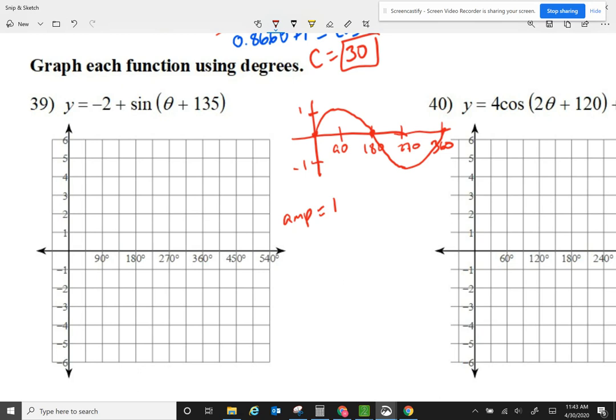And then my period. How long does it take for the whole cycle to repeat? I'm looking for the number in front of theta. The period is 360 divided by that number in front of theta. It's a 1. So it's going to take 360 degrees to repeat all of these.